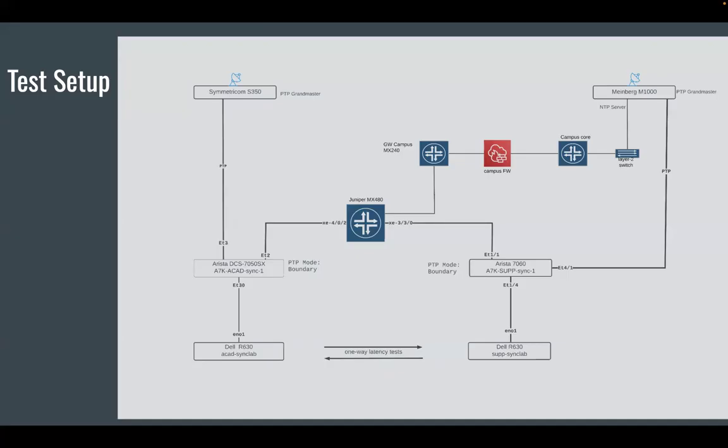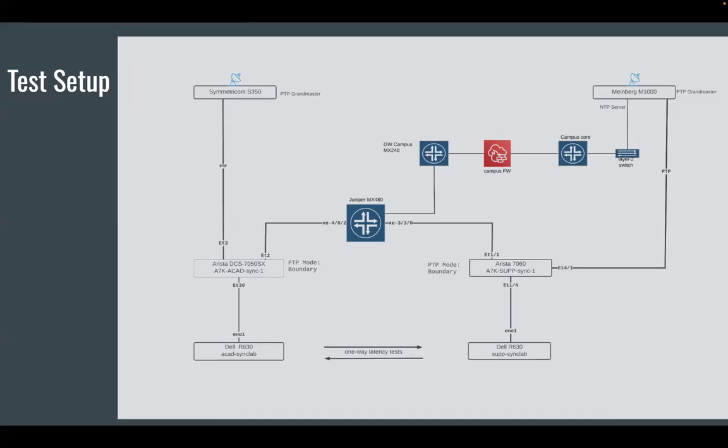Each node is connected to a single upstream switch that is acting in boundary mode. We'll talk a little bit about that later if we've got time. And then each of those is connected to the same Juniper MX480. So topologically, it's very simple. They're close by, and it's also a very stable setup.